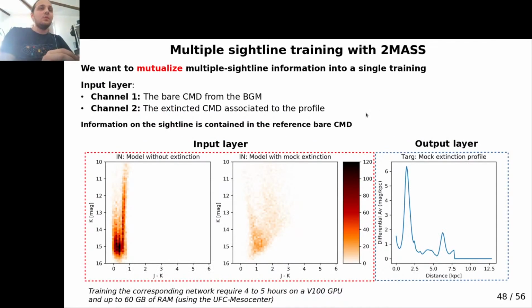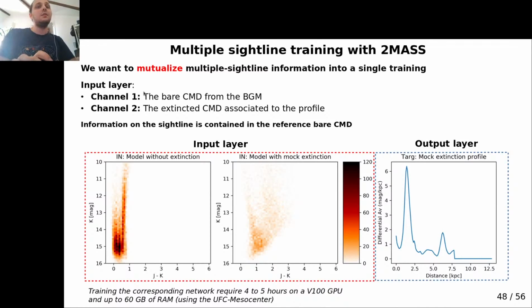Actually, we want to find a way to mutualize the information between sight lines, because we could have trained 9 different networks for these 9 reference lines of sight, but it would be very inefficient. So we want the network to train on all those lines of sight at the same time. That means we have to find a way to give the network information about which sight line it is looking at.